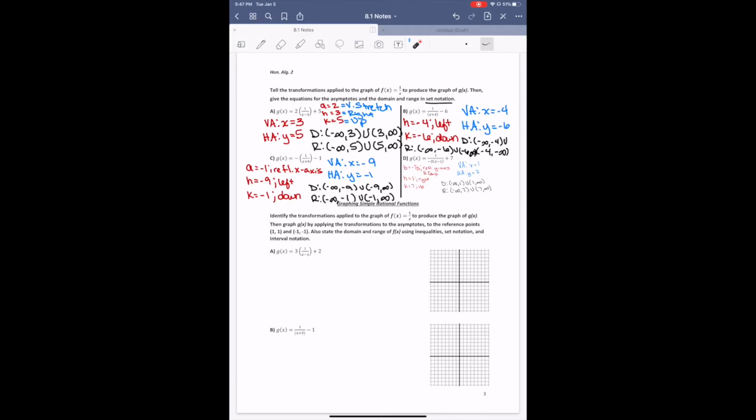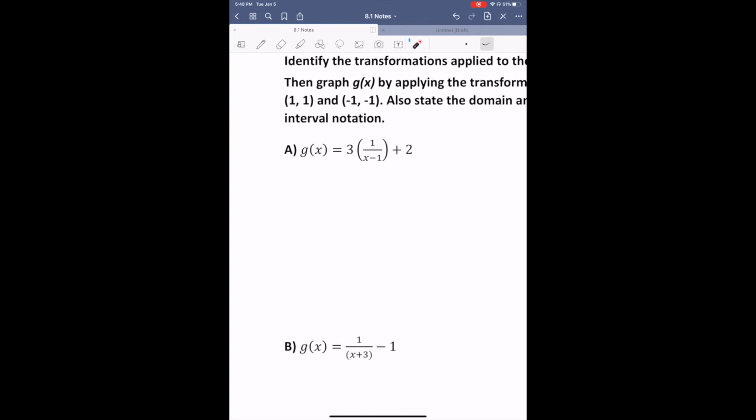Okay, so let's go back here and let's go ahead and start with a. A says g of x equals 3 times 1 over x minus 1 plus 2. Start by identifying your transformations, which means a, h, and k. So a is 3, which means we have a vertical stretch. Then we have h.